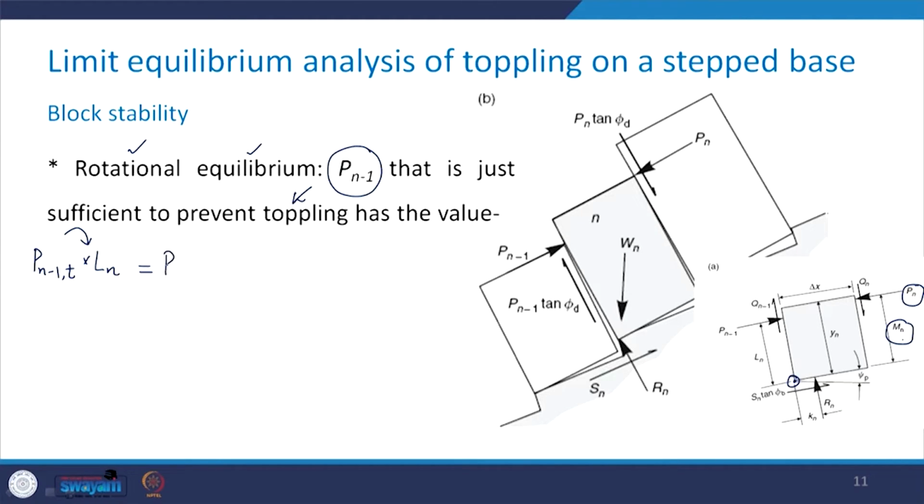Then this weight component, so you will have these two weight components, one like this and another one like this. The one component is going to give me Wn cos psi_p, and where is this acting?